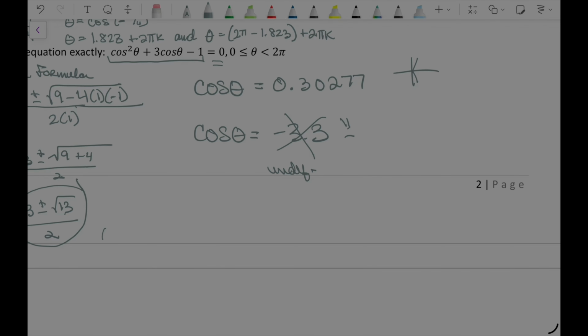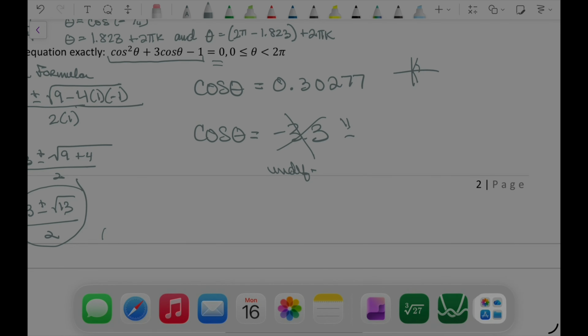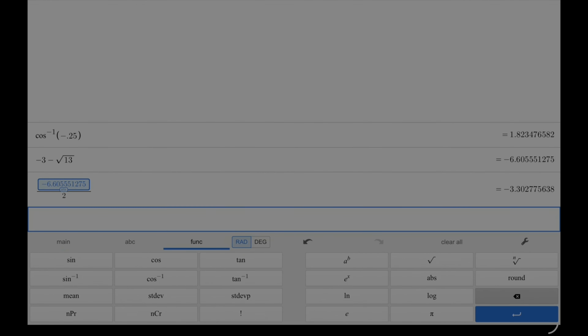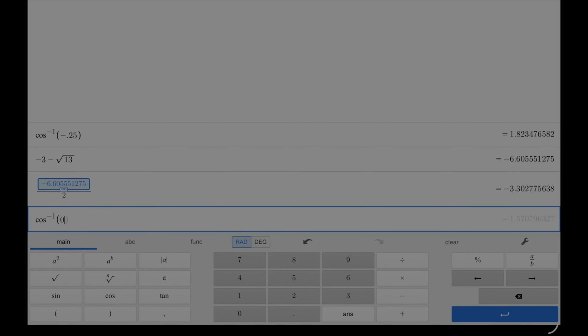Well, our calculator will give us the first one if we do inverse cosine of 0.30, I think it was a 7 after that.